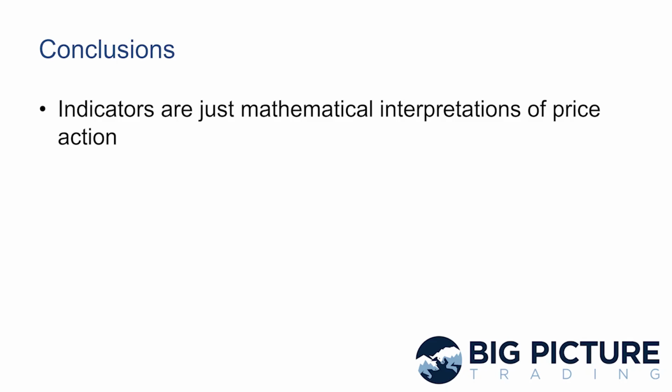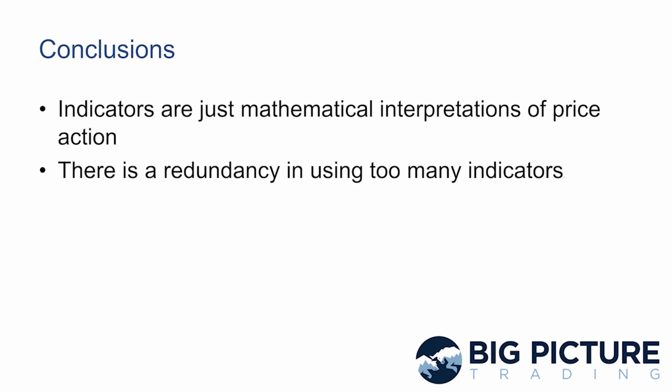So the final conclusion: indicators are just mathematical interpretations of price action. Therefore, there's a redundancy to use too many of them. The temptation when you look at your brokerage account and realize in the charting segment there's 15 or 20 or 50 different indicators available to you, immediately you're thinking, oh my God, that's overwhelming, right?